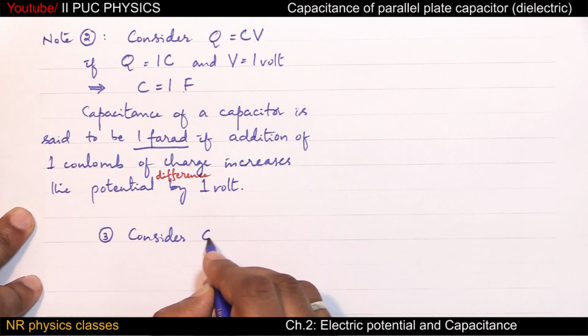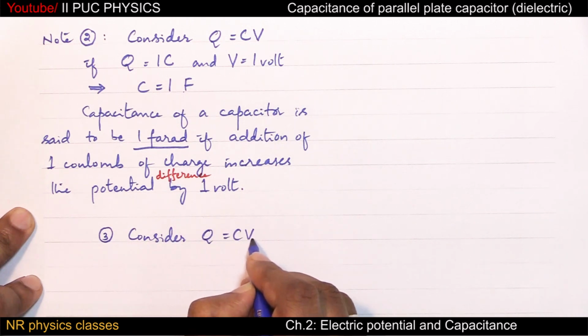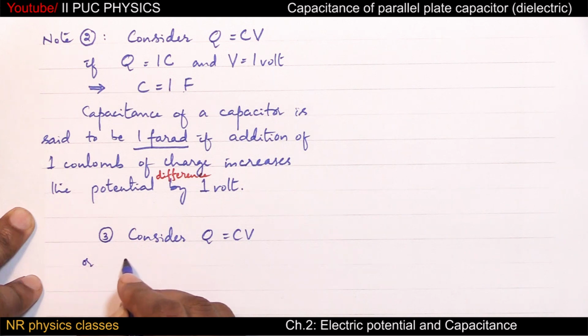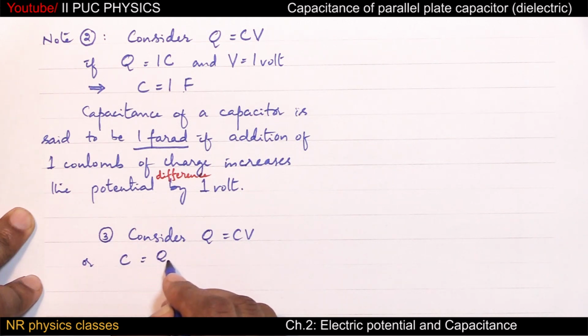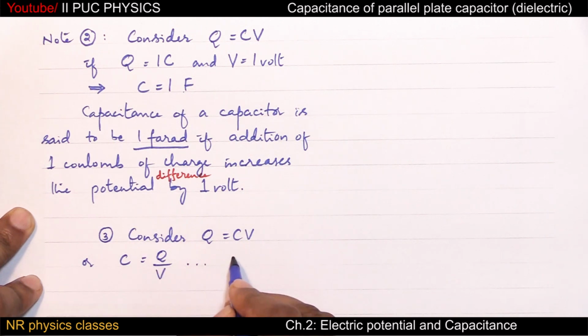Consider Q equal to CV or C equal to Q by V. Unit of Q is coulomb, unit of potential difference is volt, that is joule per coulomb.